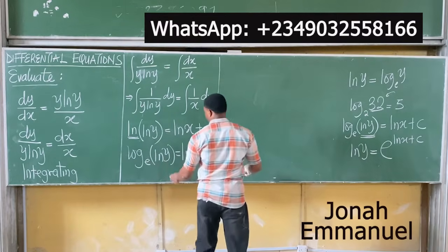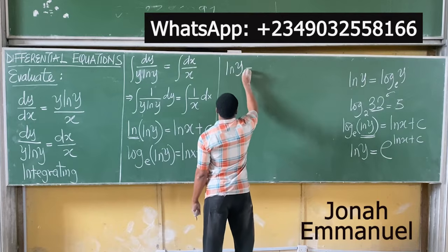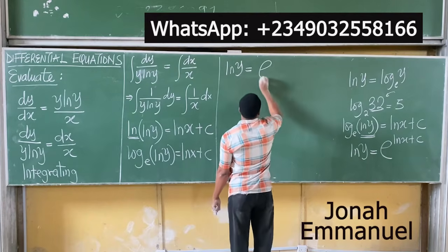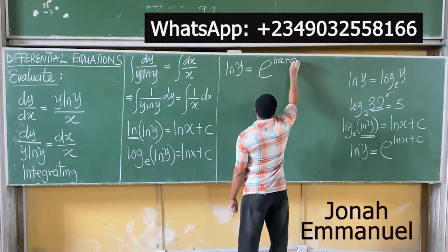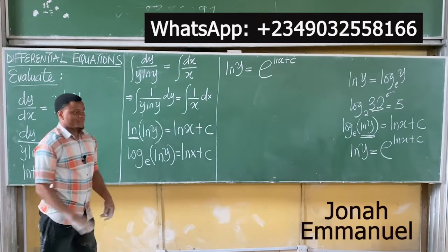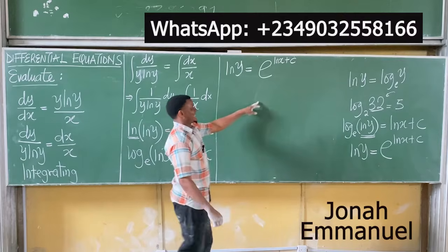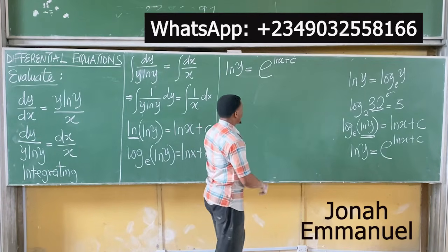From here, we can say that ln y is simply equal to e to the power of ln x plus c. Repeating this again would mean I'll have exponential of exponential. Nah, that's messy. Leave it here.